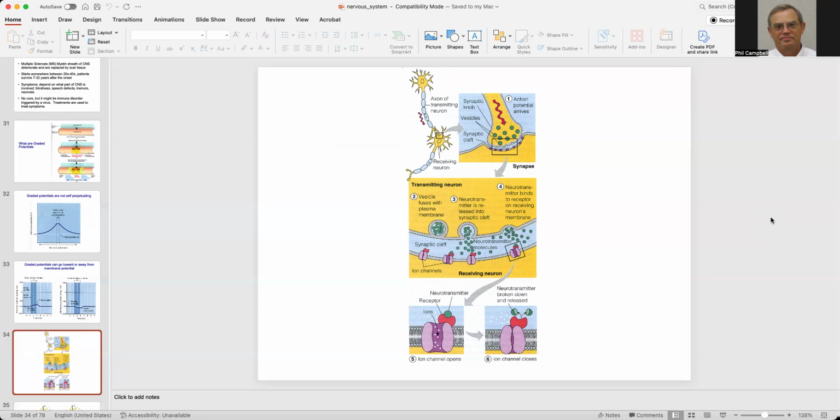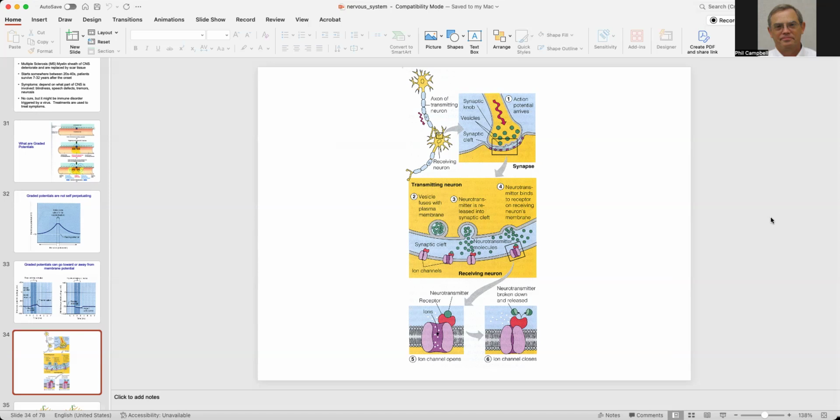So, how are they created? They're created by chemical-gated channels across the synapse. All right. So remember when I talked about a synapse, we have a presynaptic membrane and a postsynaptic membrane. At the presynaptic membrane, neurotransmitters are released into the synaptic cleft. They diffuse across. They bind to receptors on the chemical-gated channels on the postsynaptic membrane.